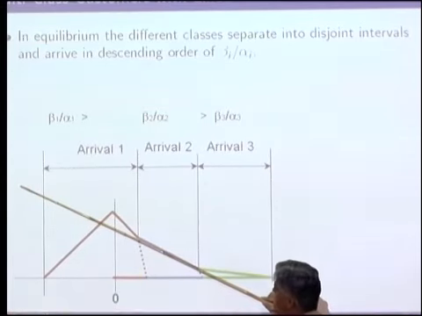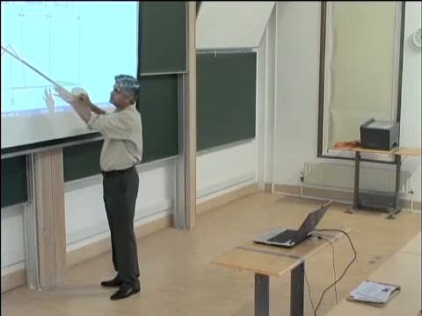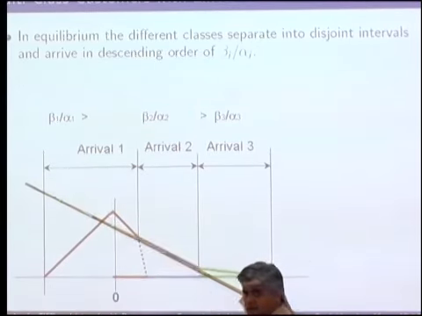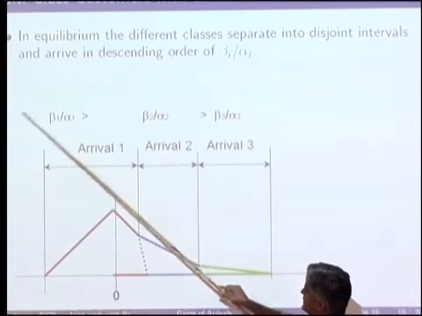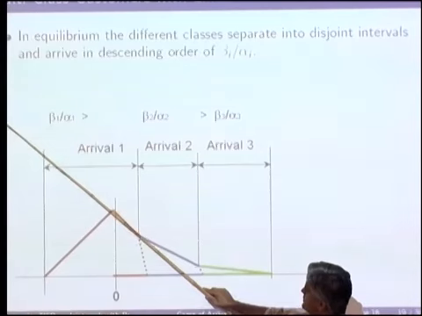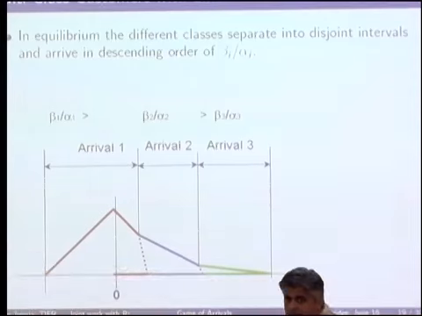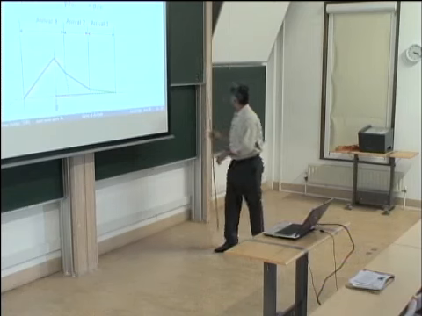So that tells you that for the blue class, if everybody else follows the strategy that they do, then indeed coming any time between these 2 points is the Nash equilibrium strategy. Similarly, you can see for the red class, it has no incentive to come outside of this interval. Similarly for the green class. So indeed, they order themselves in this framework.